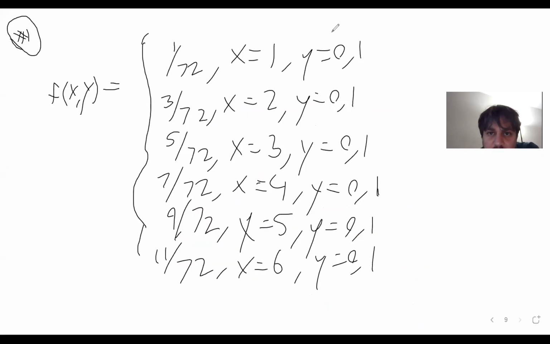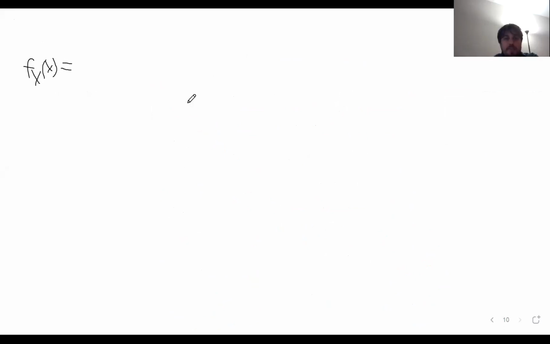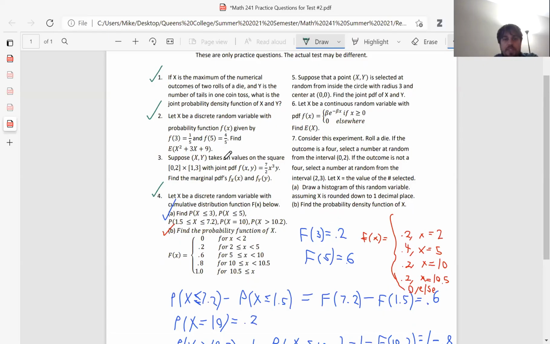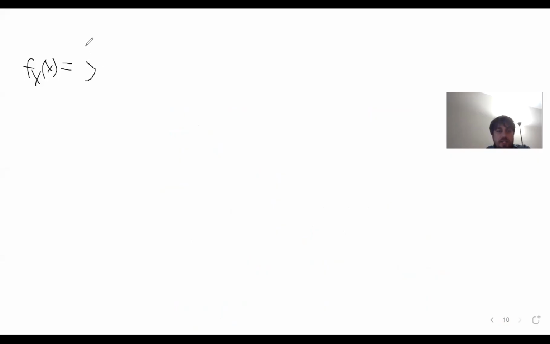So we have f sub X of x. Let me just check the problem. X, Y takes on values in the square. So X is a continuous random variable because all the points in the square are of a continuous nature, right?